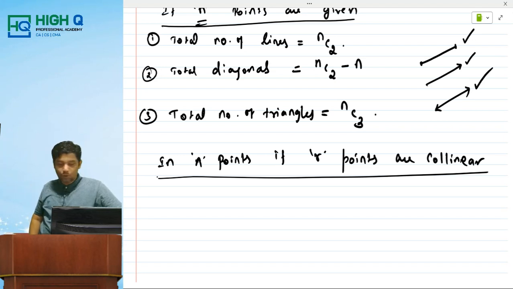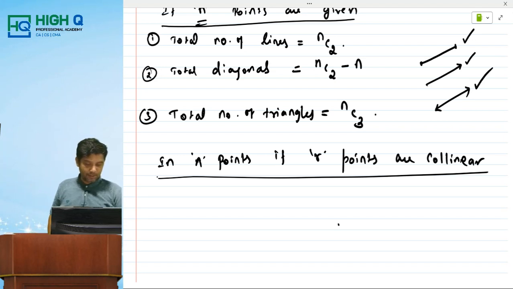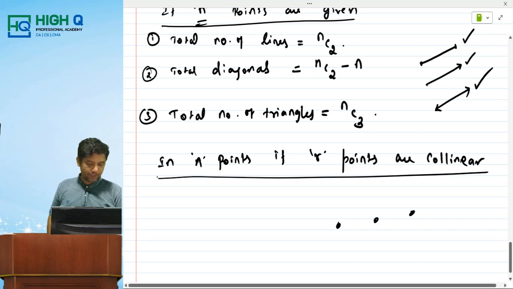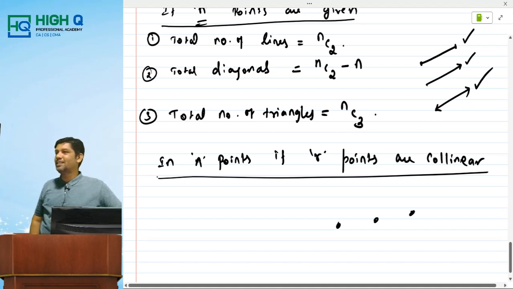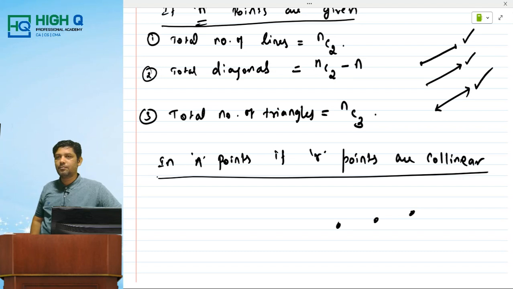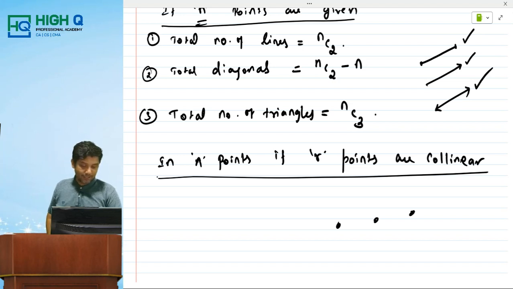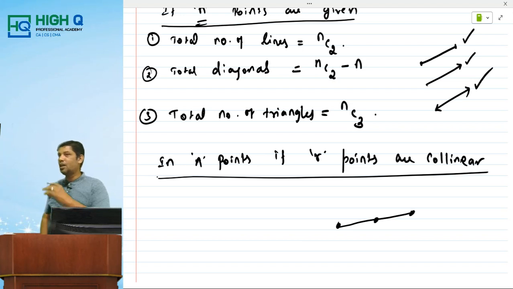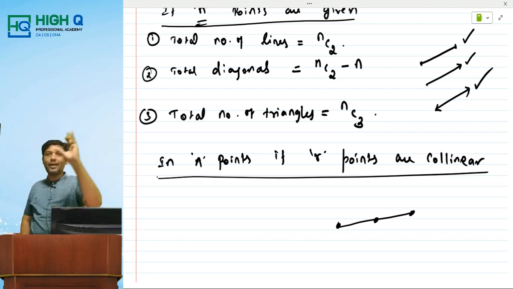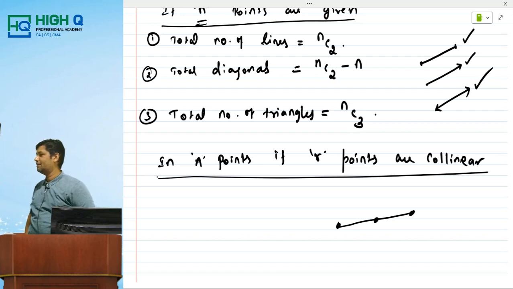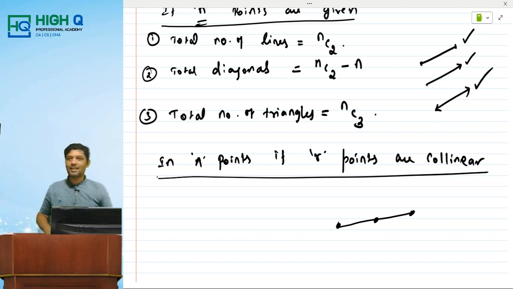Understood? Collinear means: through these 3 points, how many lines can be drawn? Only one. Why? It's not parallel. Through 3 or more points, if I can draw only one line, those points are called collinear points. 3 or more points lie on the same line.